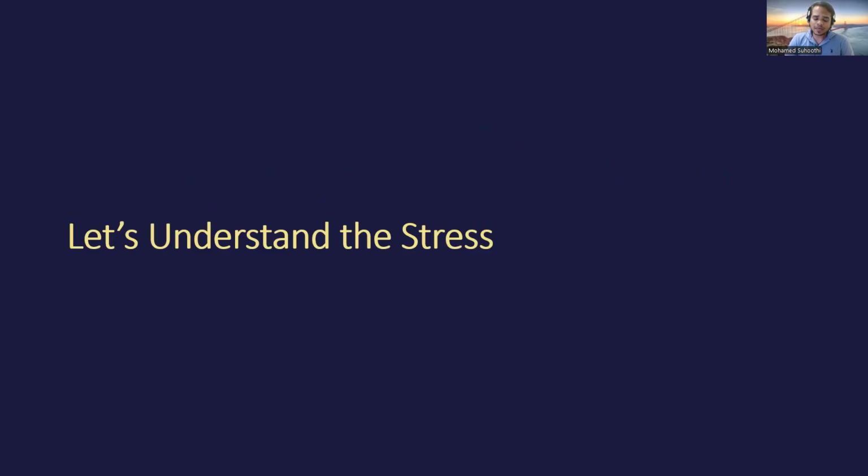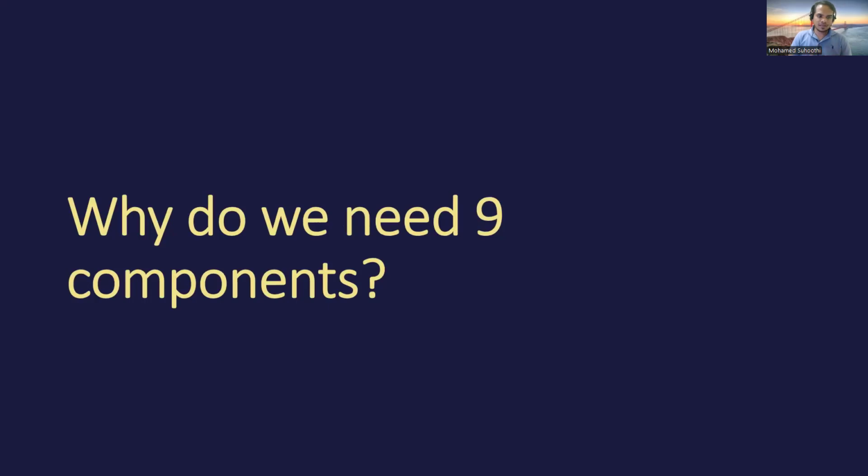You might have studied in your strength of materials or mechanics of materials class that stress is a tensor. Okay. Also, you studied that you have 9 components in that stress, right? So let me explain why we need 9 components.